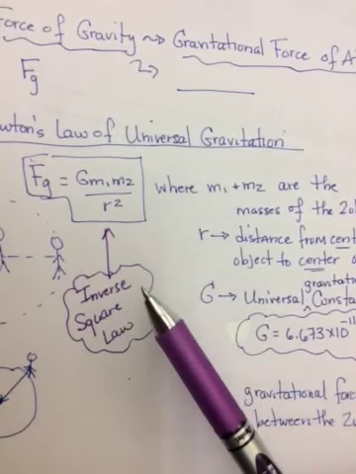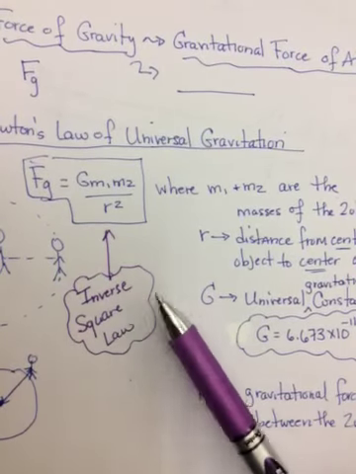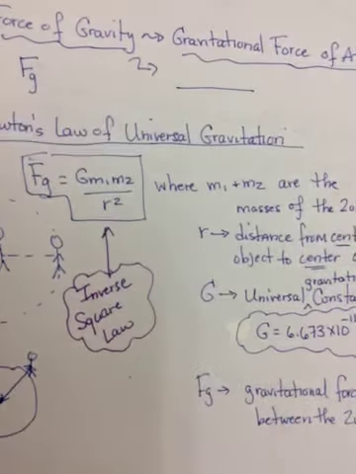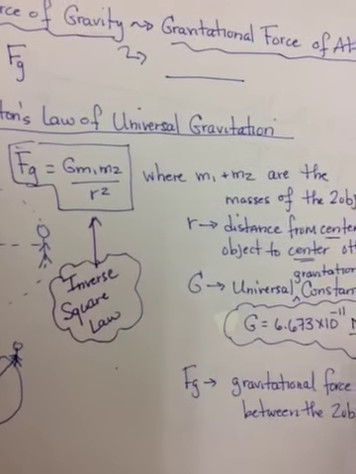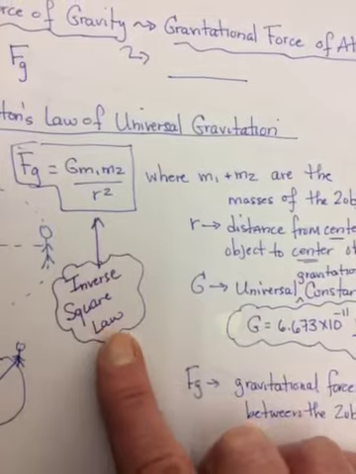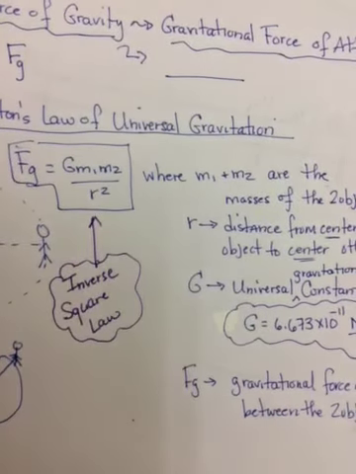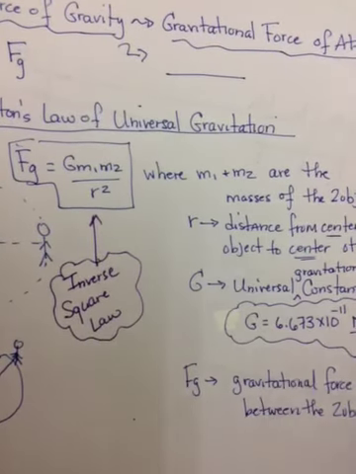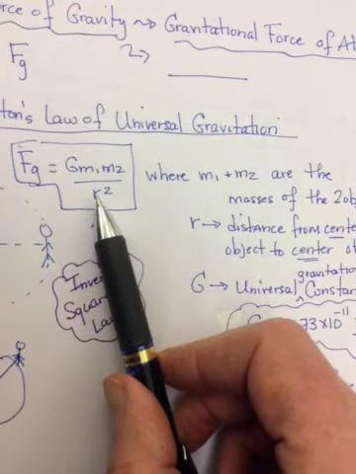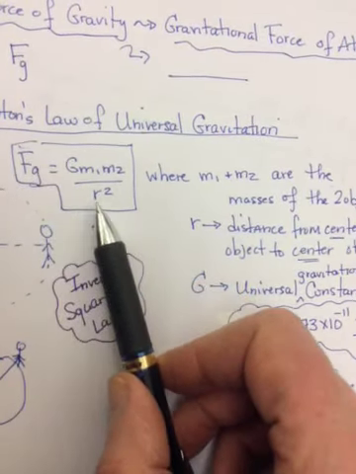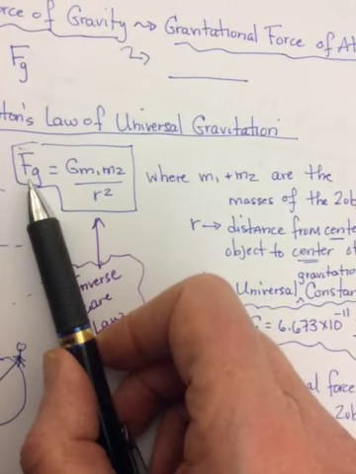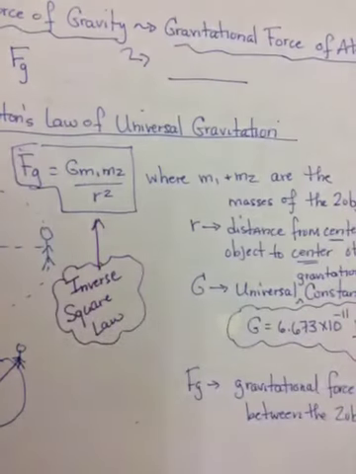So when we find data that matches this equation, we're like, ooh, we must be on the right track. We must be doing the work correctly. So that's the inverse square law. Again, if you double r, F will get smaller by a factor of 4. If you halve r, F will get bigger by a factor of 4, etc.